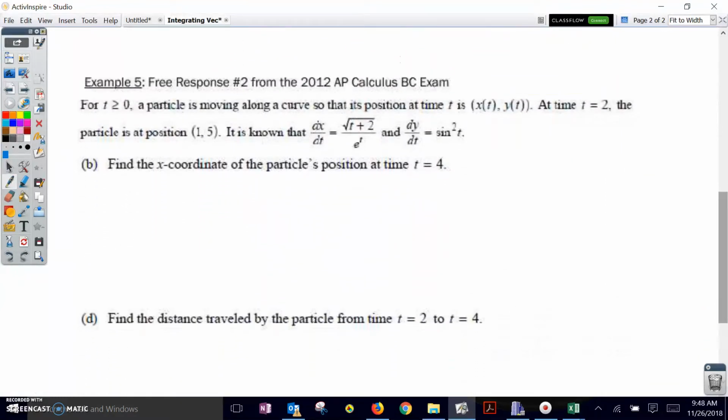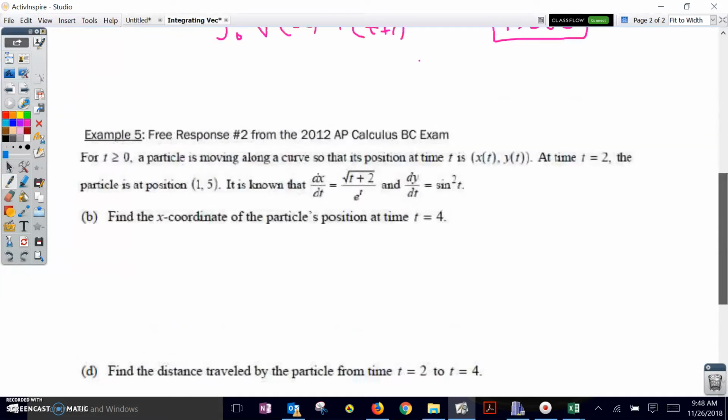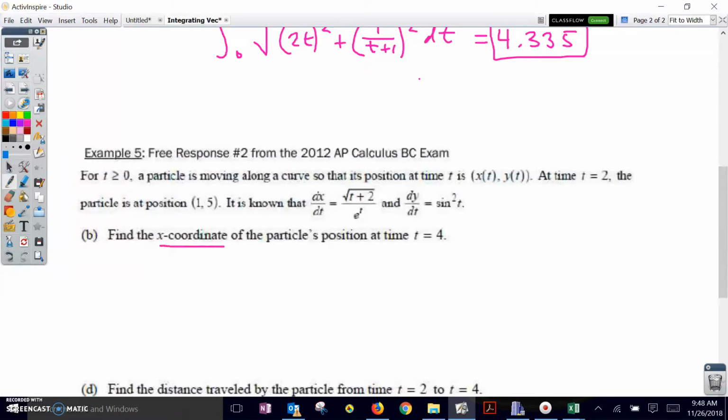We go back to free response question number 2 from the 2012 AP Calculus BC exam. We've got the same lead-in. We saw this in the derivatives of vector-valued functions lesson. First thing we want to do here, we want to find the x-coordinate of the particle's position at time t equals 4.